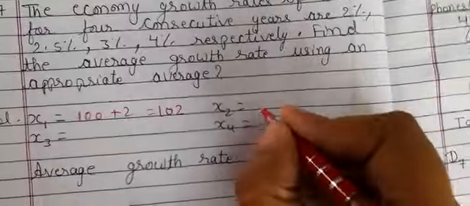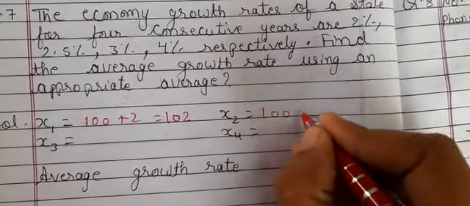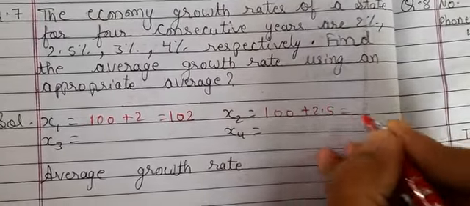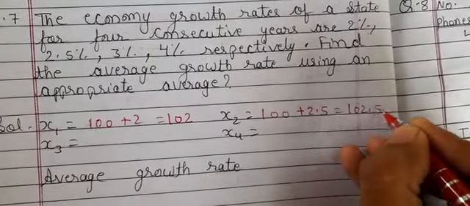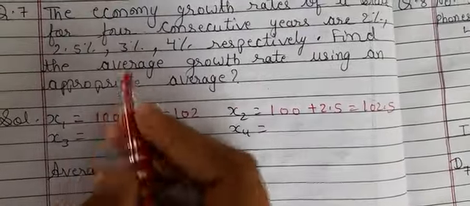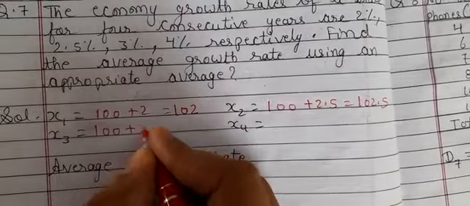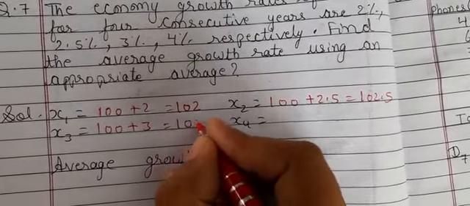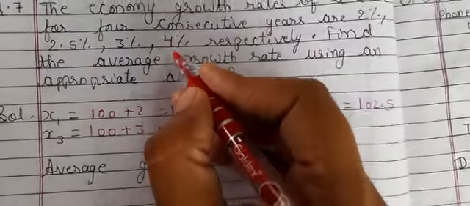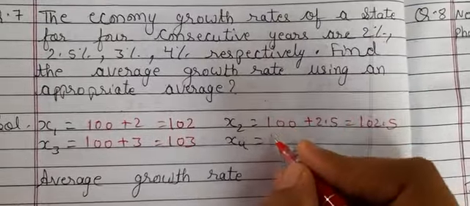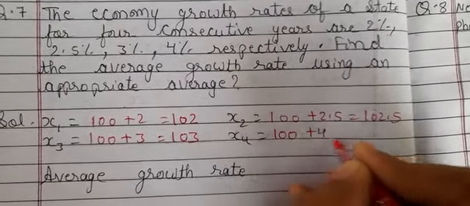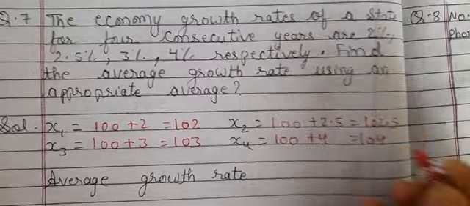Then 2.5%, so x2 is equal to 100 plus 2.5, that is equal to 102.5. Then 3%, so 100 plus 3% is equal to 103, and x4 is equal to 100 plus 4, that is equal to 104.